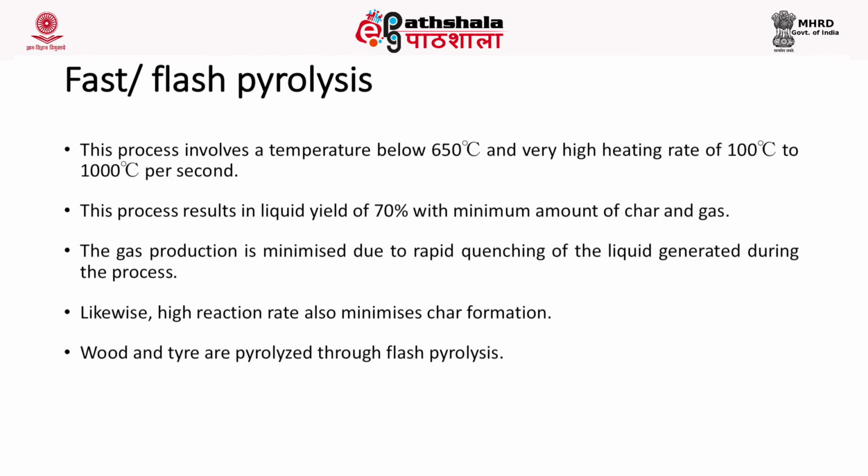This process will result in a liquid of 70% with a minimum amount of char and gas. The gas production is minimized due to rapid quenching of the liquid generated during the process. Likewise, high reaction rate also minimizes the char formation. Generally, wood and tyre are pyrolyzed using the flash pyrolysis process.